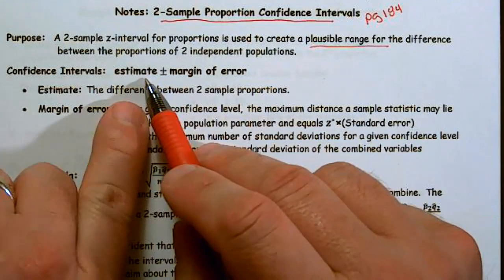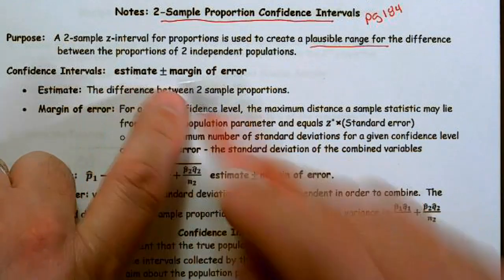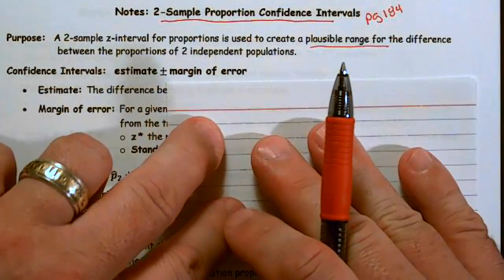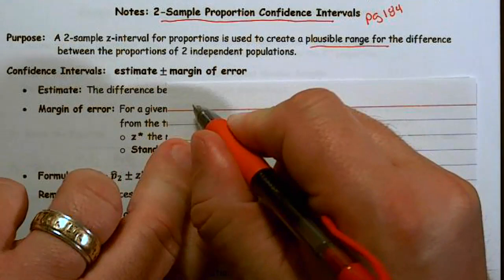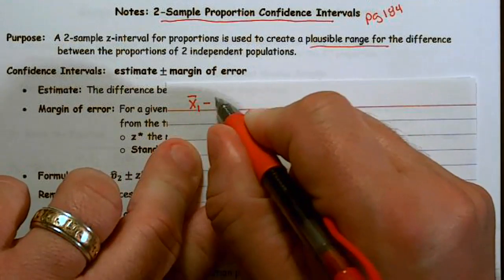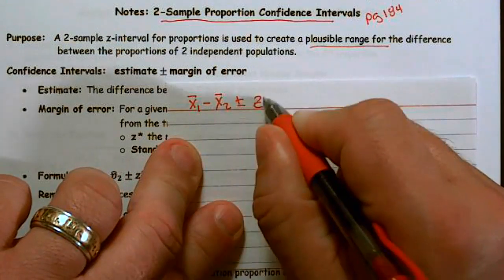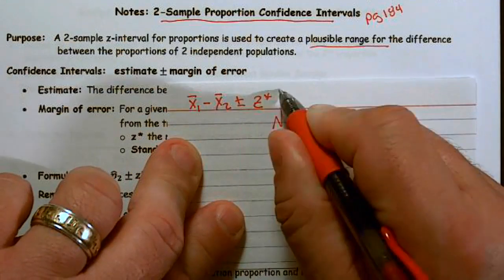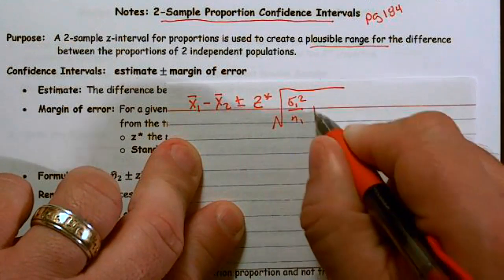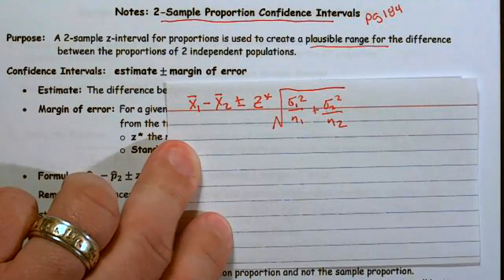When we've done confidence intervals before, we have our best estimate, and we said plus or minus the margin of error. So when we did them before, we did two samples. We did them for means, and we either had something that looked like this: X bar 1 minus X bar 2 plus or minus Z star, and then the standard deviation of 1 squared over N1 plus the standard deviation of the second one squared over N2.